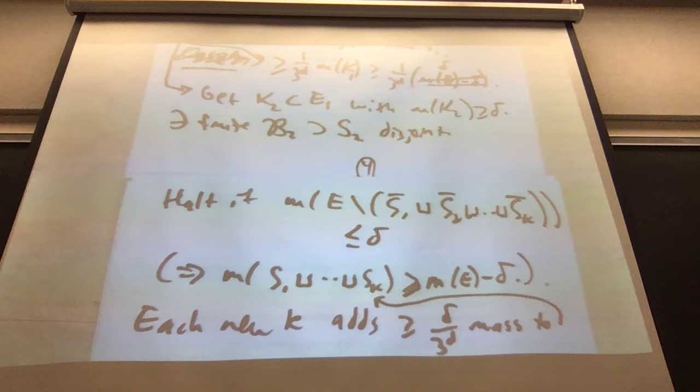So that's take O and take away the measure of the B's. And now this is at most the measure of O, which was the measure of E plus delta, minus the measure of the B's, which is at least the measure of E minus delta. And that's your 2 delta.